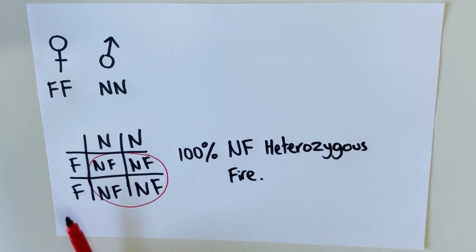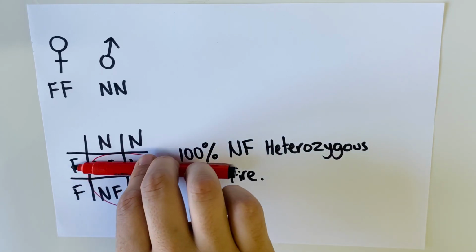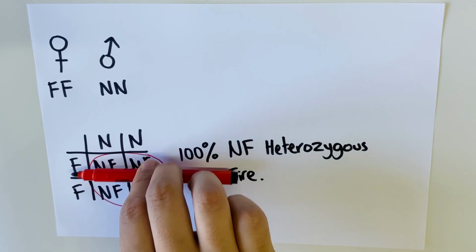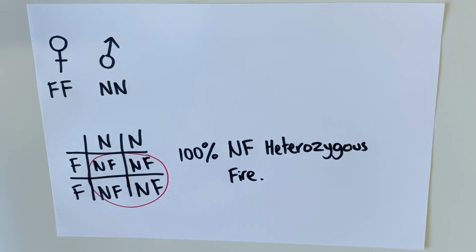So when you breed a super to a normal, you are guaranteed, because the female must pass on one of these 2 genes, she has to pass on a fire gene to her offspring, and therefore all of her offspring would be fires.